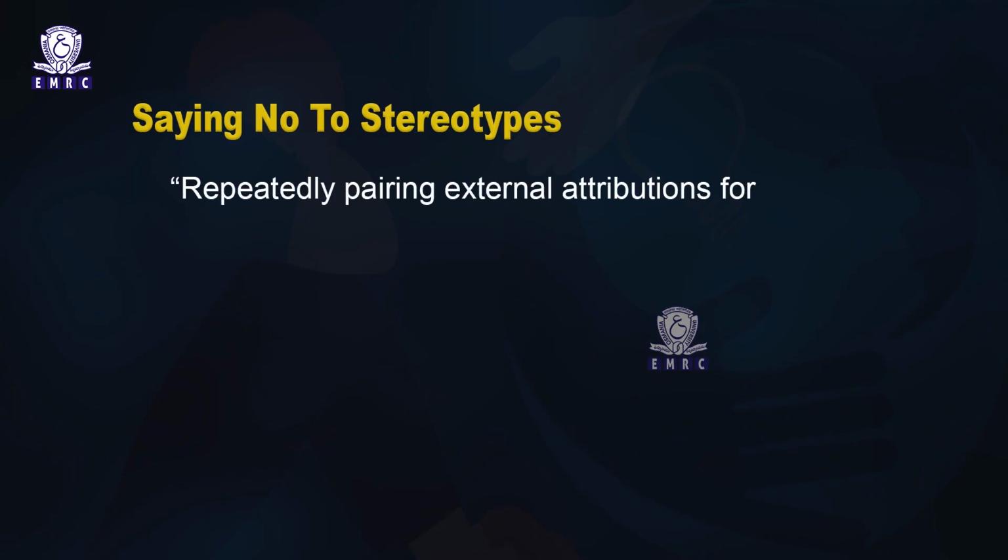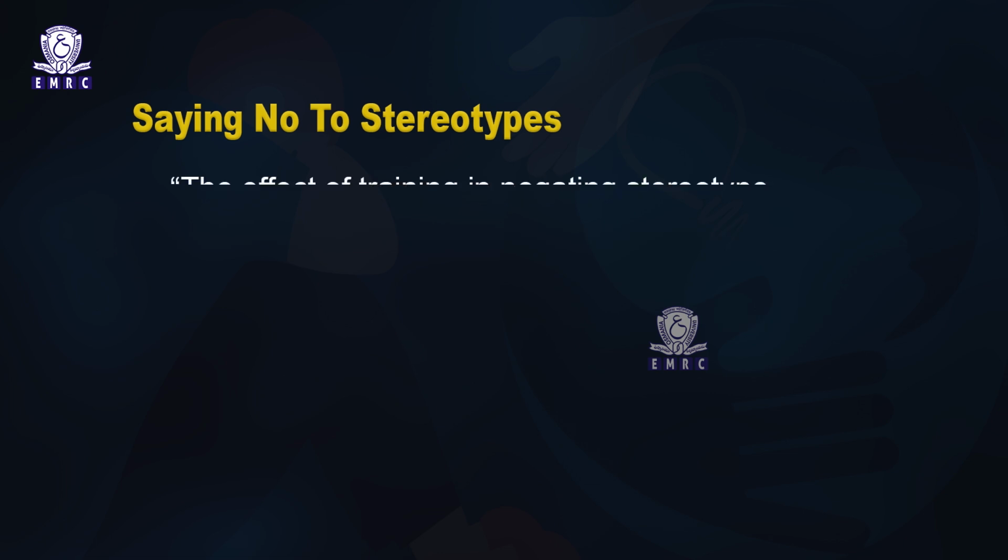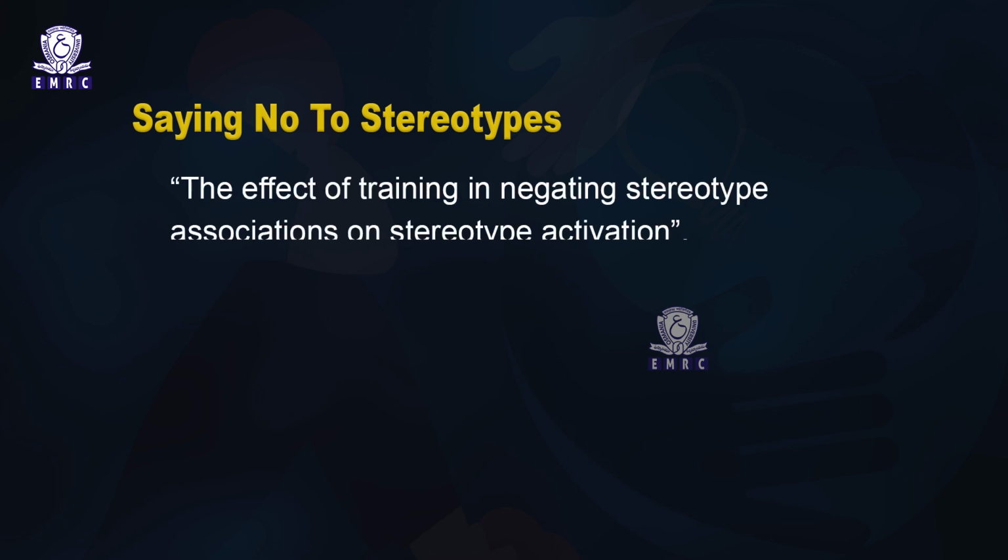According to Myers, in the year 2010, repeatedly pairing an external attribution for a negative behavior can reduce racial stereotyping. Dovidio and others, in the year 2000, conducted a study to examine the effect of training in negation of stereotype associations on stereotype activation.